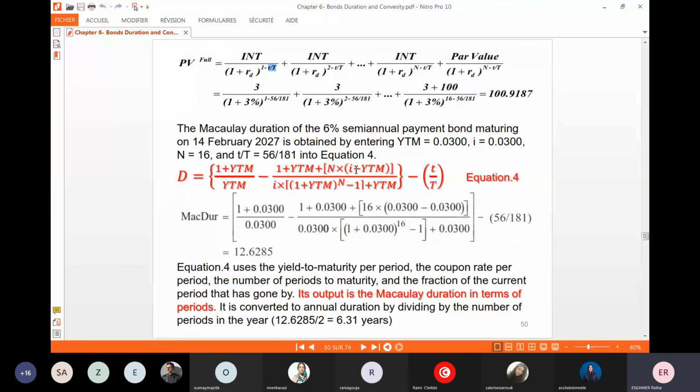You have to annualize this Macaulay duration. The difference between this formula, equation 4, and the ones we saw earlier: one is divided by the price if it is annual, and the other is divided by 2 times the price if it is semi-annual, so it directly gives you Macaulay duration in years. Here, when you compute it with equation 4, you have to divide it by the number of periods per year. Here it is a semi-annual bond, so we divide by 2 to annualize it, and it becomes 6.31 years. This is the annualized Macaulay duration.